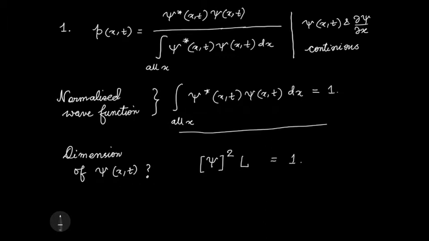Now this is for one dimension. As you can imagine, if I had 3 dimensions, then I will have dx, dy, dz, all three of them. So this L will not be L, then it will be L cubed, because I have to integrate over the volume. So length cubed is the dimension of volume. So let me write it like this, where d is the dimension.